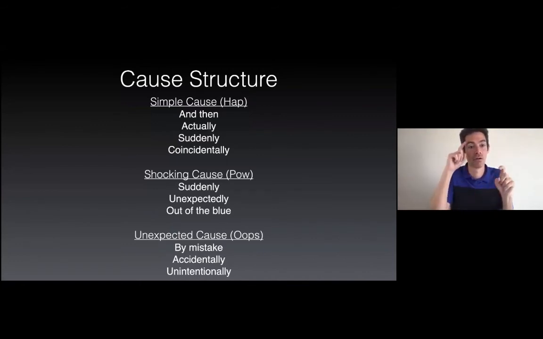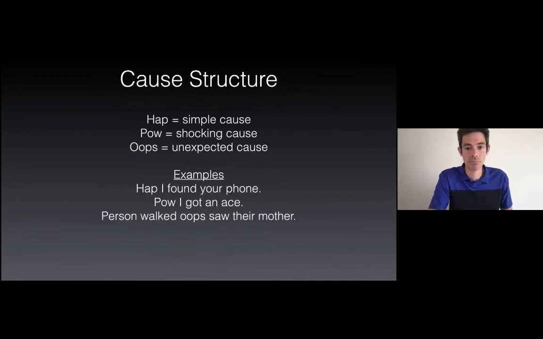For a shocking cause, for pow, suddenly, unexpectedly, out of the blue. And for the sign for oops, by mistake, accidentally, or unintentionally. So in translating them, it's a little bit difficult, but there are some examples here.